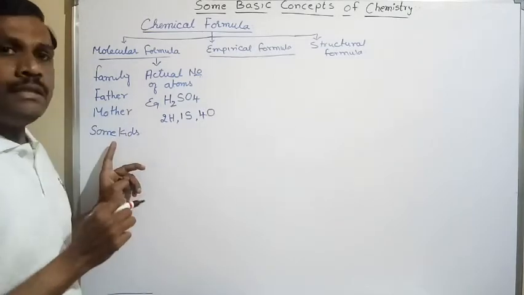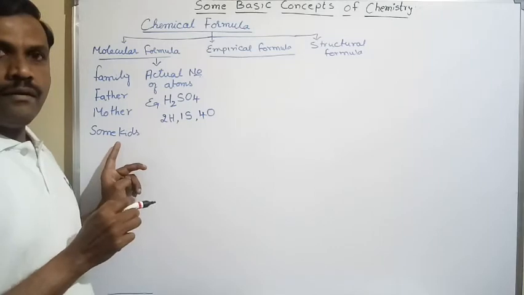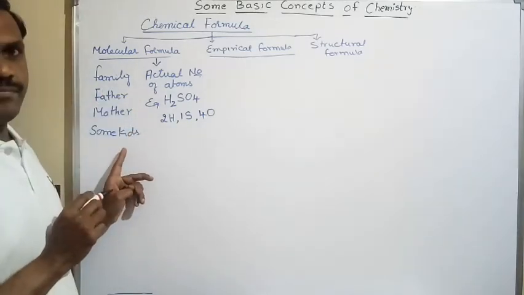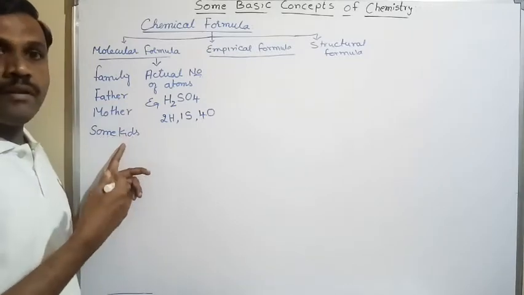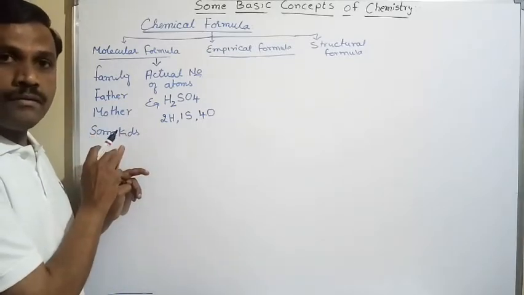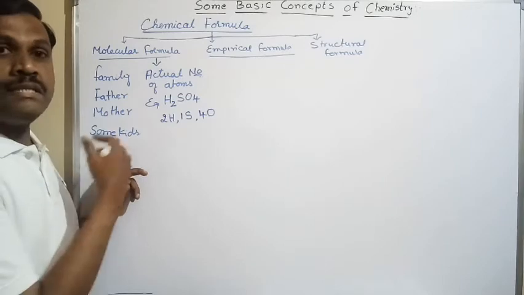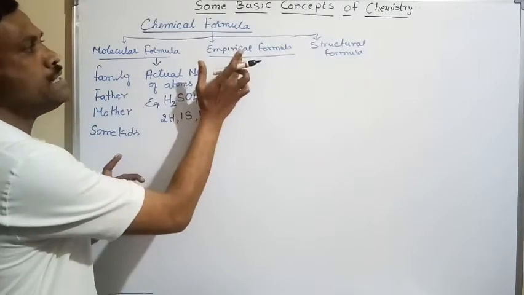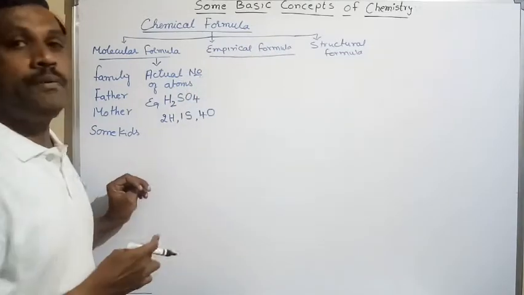So this doesn't specify the number of family members. Here the number of kids has not been mentioned, whether it is a boy or a girl. The same thing is applied in the case of an empirical formula.